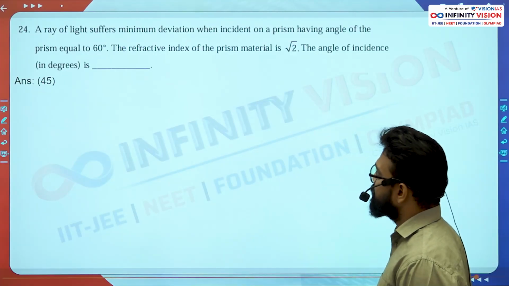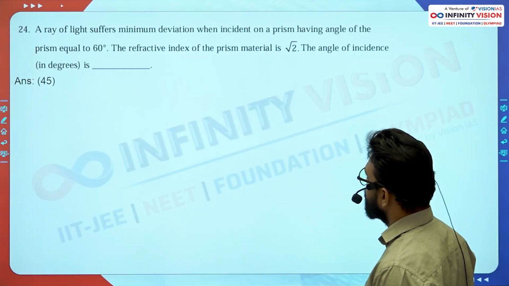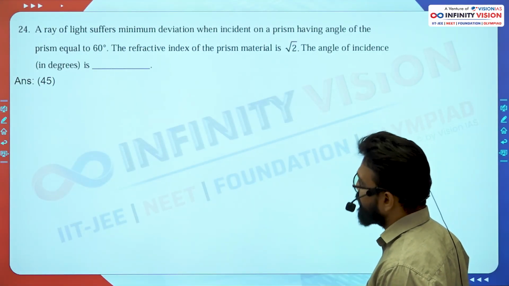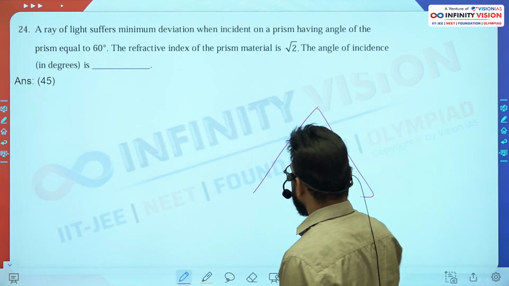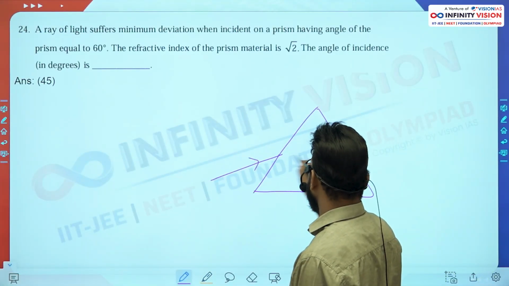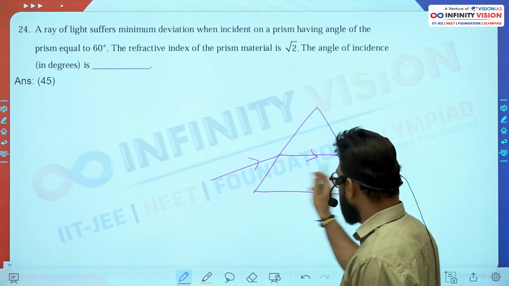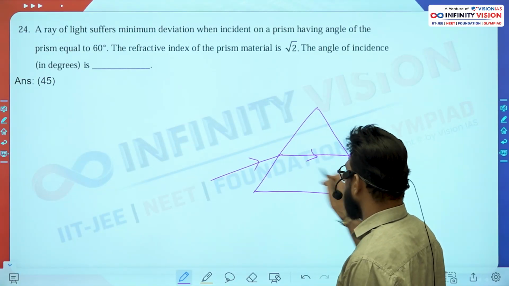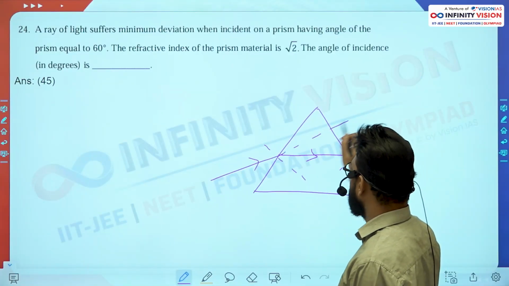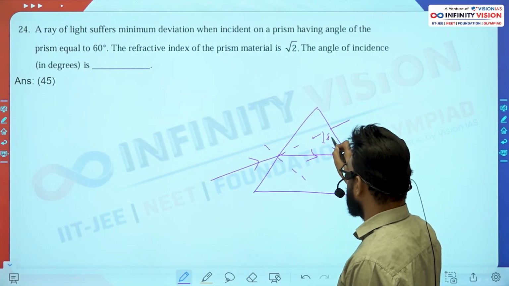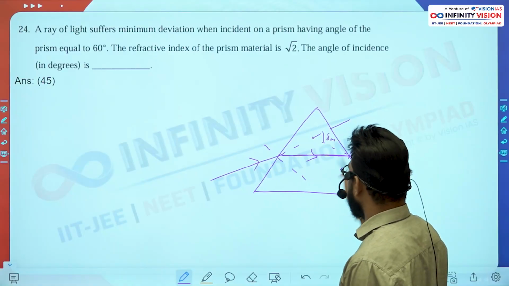Next, a ray of light suffers a minimum deviation when incident on a prism having an angle of prism of 60 degrees. A ray suffers minimum deviation only when the refracted ray is parallel to the base, and then it will go just like this. The angle of deviation would be minimum when this ray is parallel.